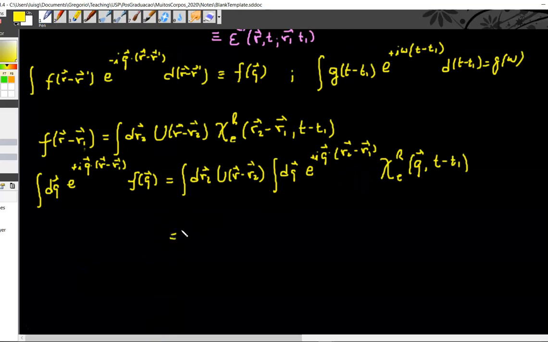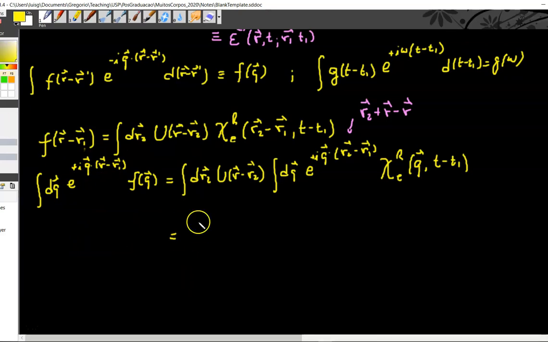Let's put the dq here, and I'm going to write r2. Yeah, let's put it in another color. This r2 I'm going to write as r2 plus r minus r, essentially because I want the same factor as in this left-hand side.